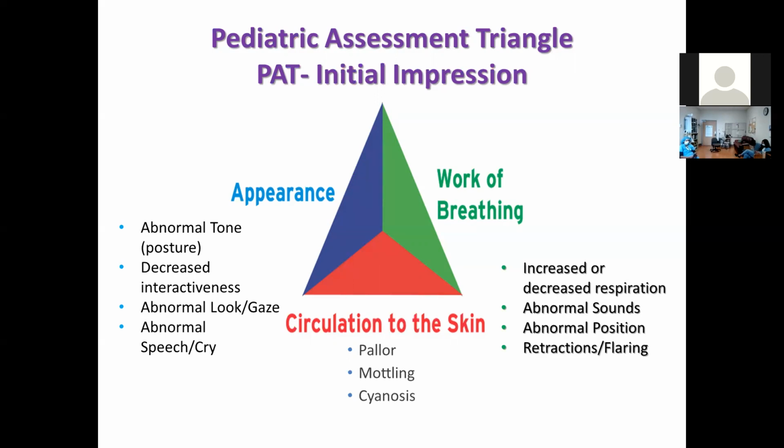Is there any abnormal tone or posture, any decreased interactiveness with the outside environment, any abnormal look or gaze, any abnormal speech or cry, any abnormal auditory sounds that you can appreciate, any abnormal position that will suggest the child is struggling with breathing, and any signs of increased work of breathing, such as retractions or flaring?